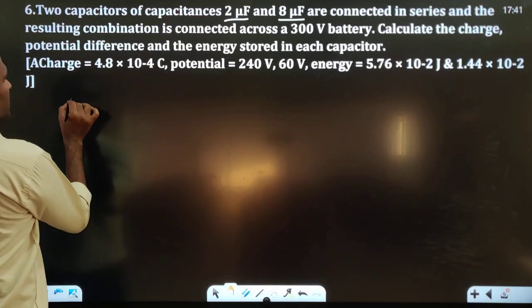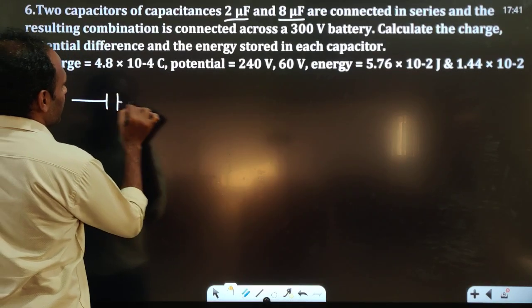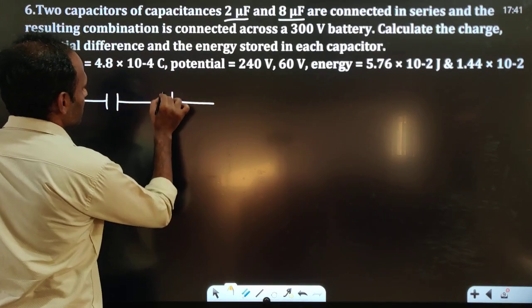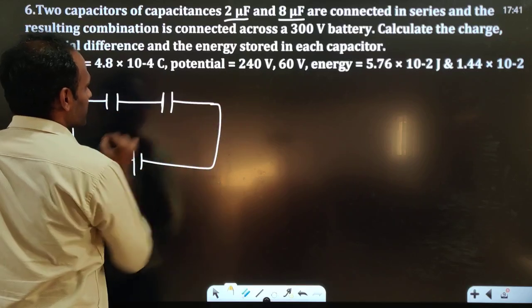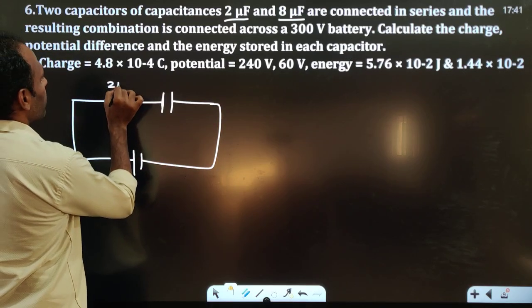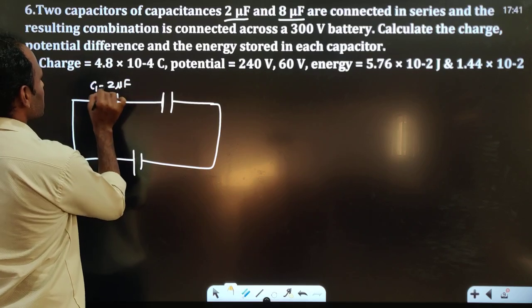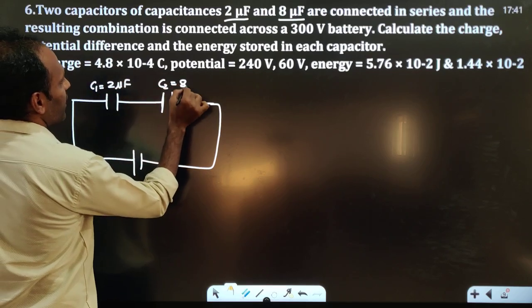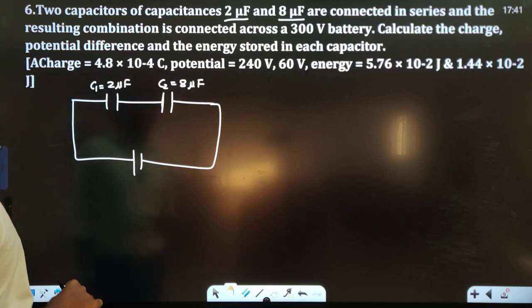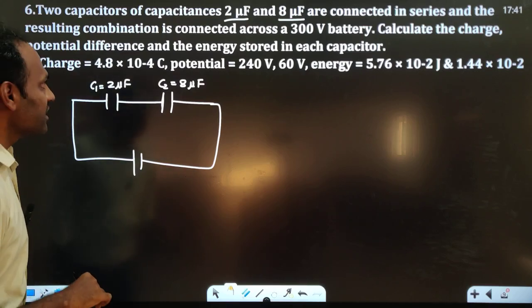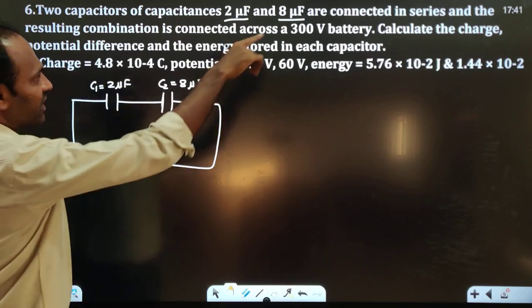So there are two capacitors which are connected in series, like this. This is of 2 microfarad, I will call this C1, and this is of 8 microfarad, I will call it C2.